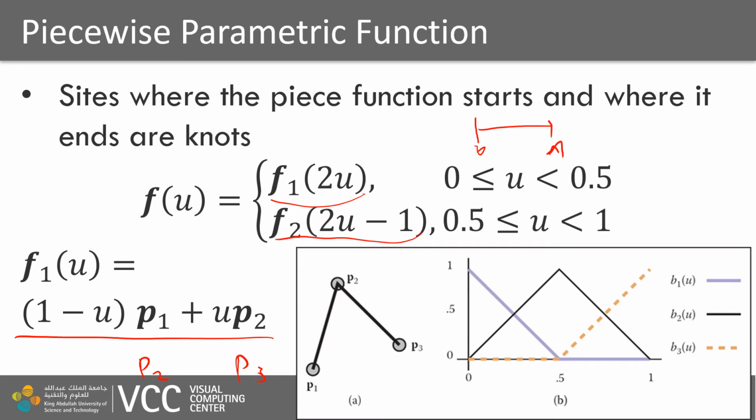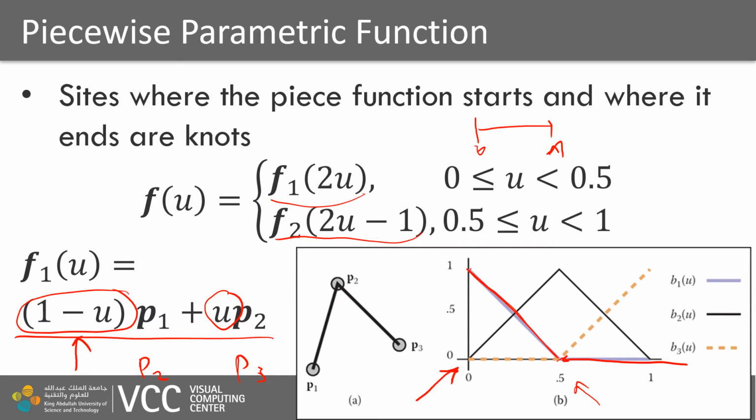And we can see here that 1 minus u is one basis function and u is another basis function. We can see it perhaps a little better on this plot here. We see that the basis function 1 minus u is this one. This is the first basis function, which is then 0 after 0.5.